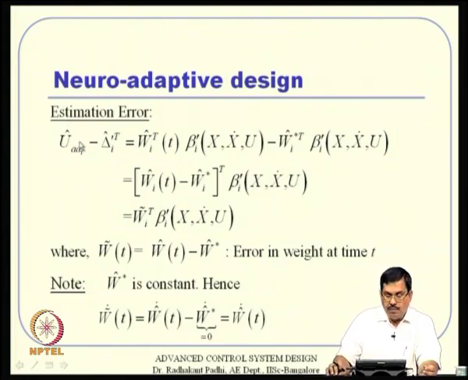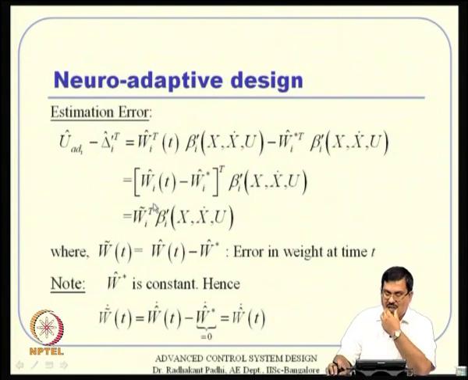If you substitute this quantity, this one is the actual weight, this one is the ideal weight, and the basis functions are the same anyway. So I can combine W hat minus W hat star here, and write this beta I prime separately, since it is common to both.